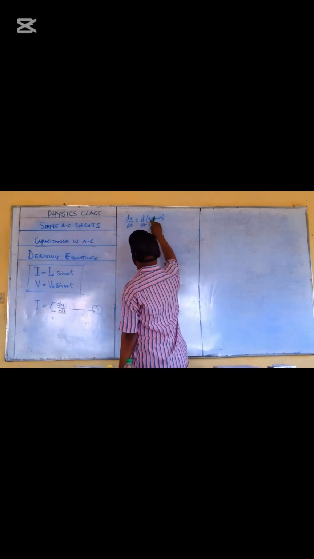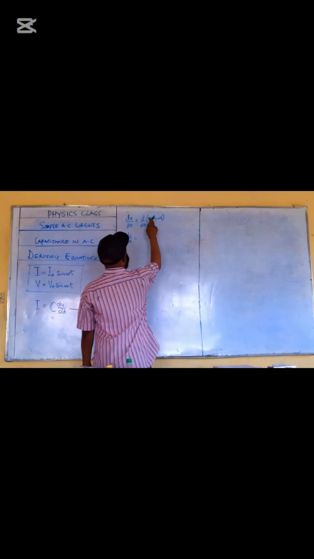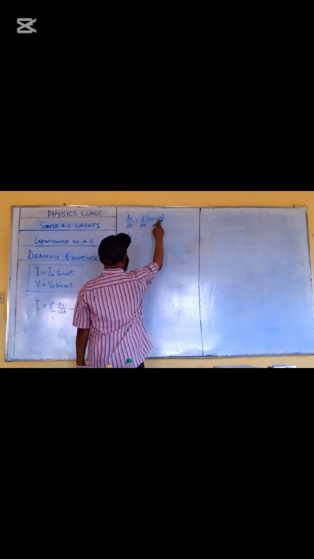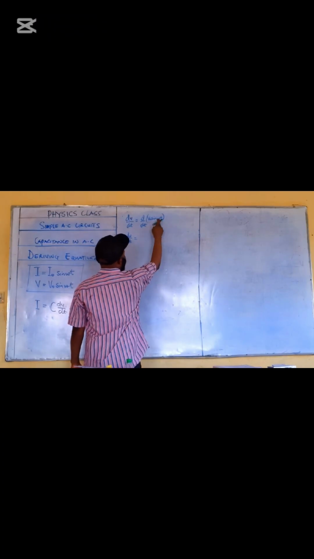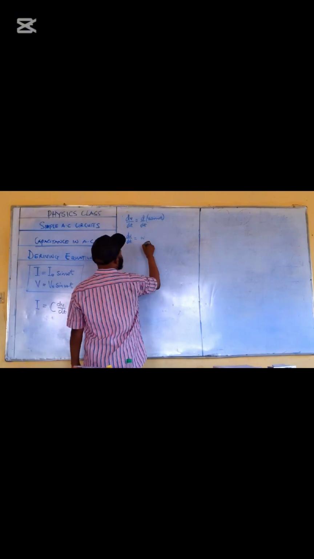When you differentiate sine, it gives you cos, and then since we are differentiating with respect to t, the W comes behind.